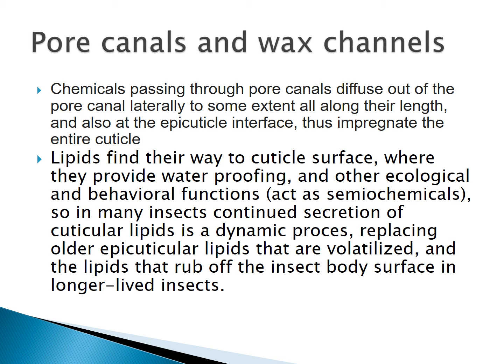This is the reason: while chemicals are passing through the pore canals, they diffuse laterally, and that is why they impregnate the entire cuticle, and that is why the cuticle appears to be pigmented.